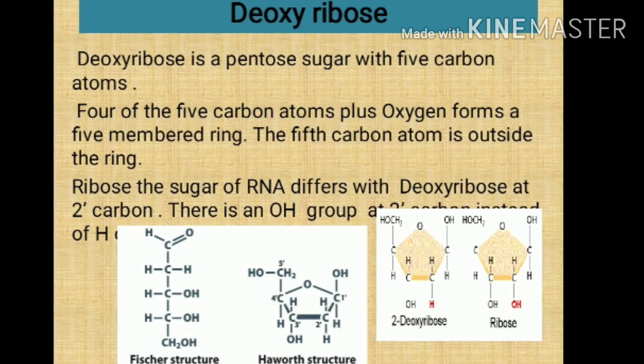The 5th carbon atom is outside the ring. Ribose is the sugar of RNA. It differs from the deoxyribose of DNA at the 2nd carbon. There is an OH group at the 2nd carbon in ribose instead of H on the 2nd carbon of deoxyribose.